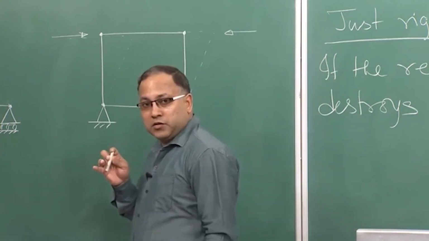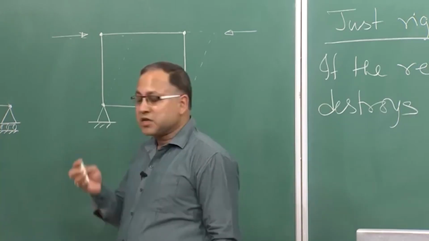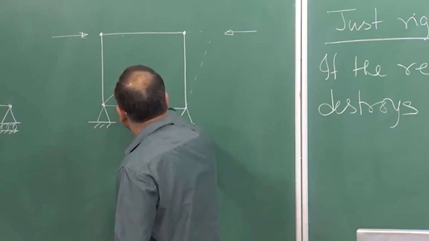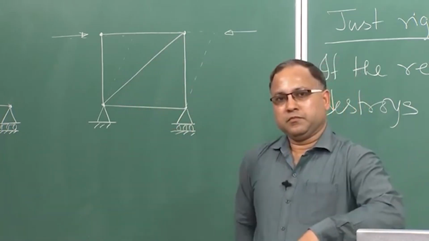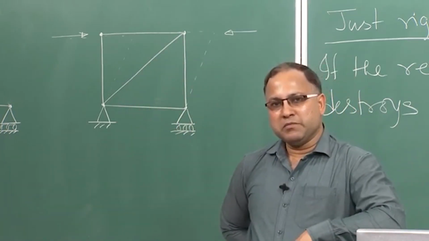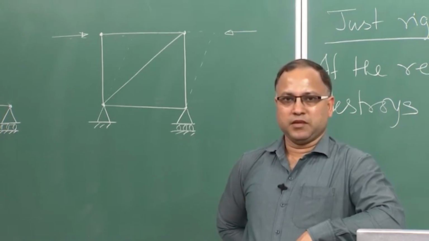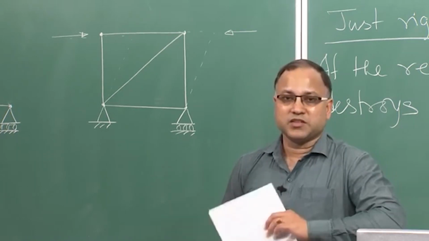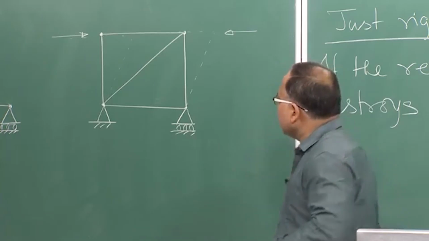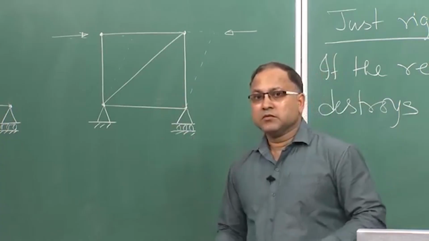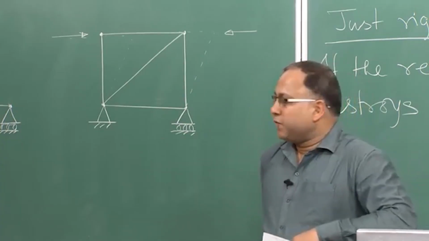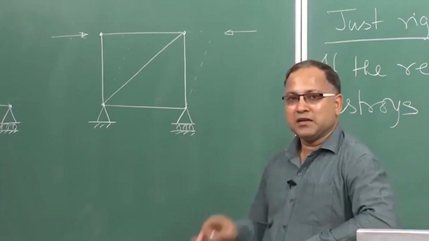But for the sake of completeness of the discussion, if I add one member here, what will happen? It will be a rigid structure. How many members are there? Five members now. So, five members are making this system a rigid system.